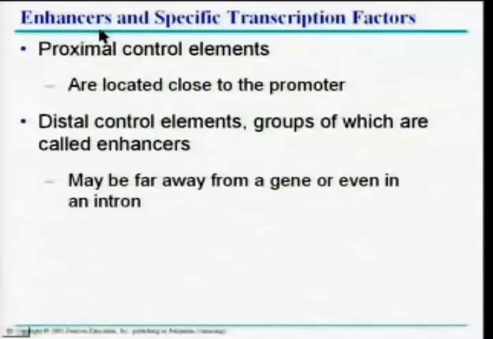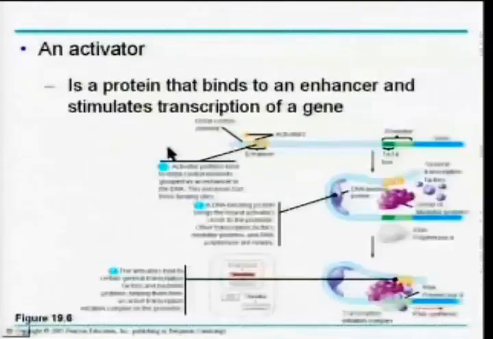Enhancers and specific transcription factors will act at the proximal control elements located close to the promoter, or at the distal control elements groups, which are called enhancers. So they may be far away upstream from a gene, or even in an intron within the gene, right? Within the coding portion of the gene.